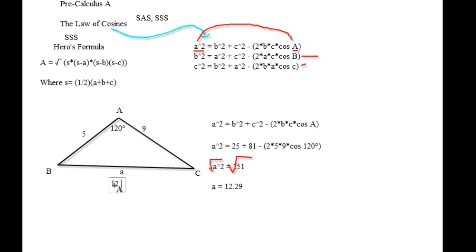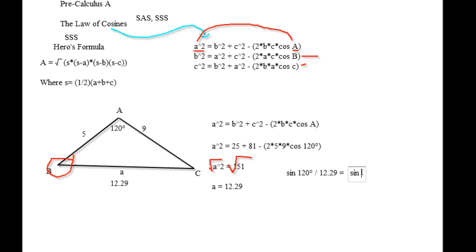Now what I would probably do to finish out solving for the angles is use the law of sines. So I would have sine of 120 degrees divided by 12.29, and then I would set it up accordingly for how I wanted to find the angles. I feel lucky, so let's find angle B first.